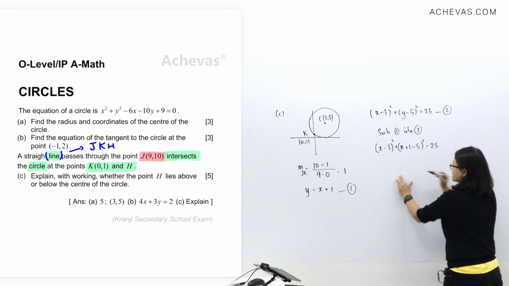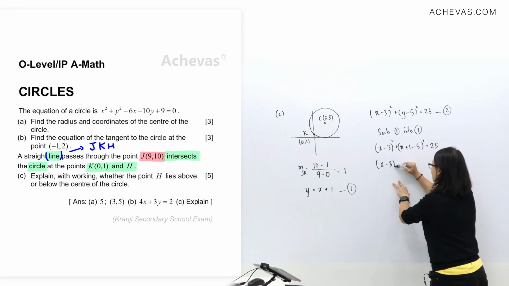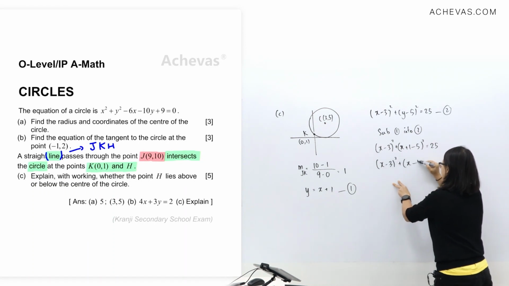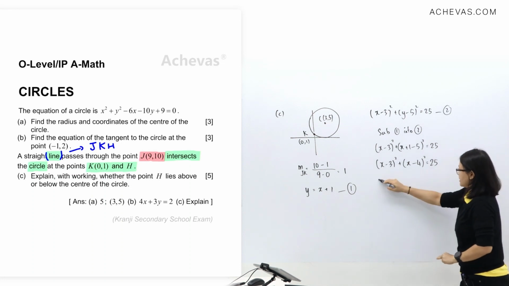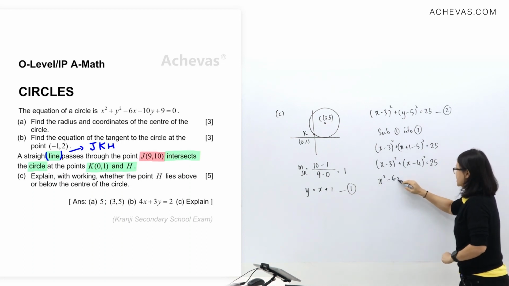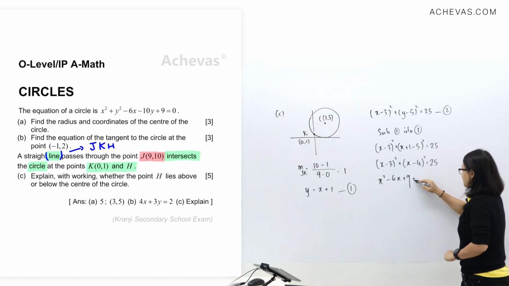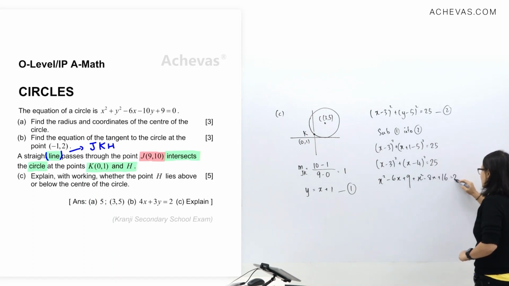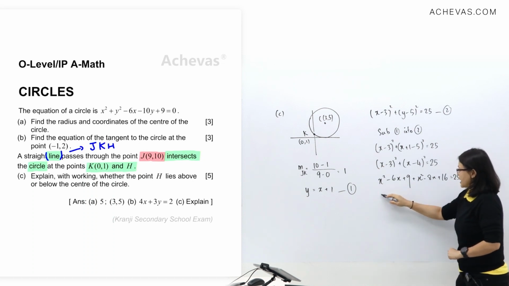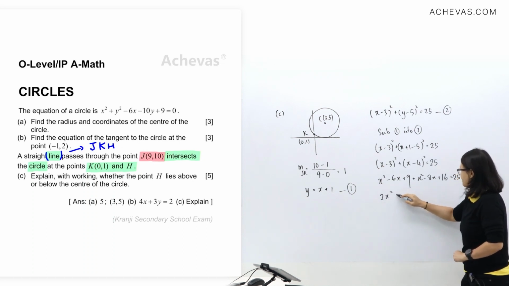Let me just do this one inside first before I expand both brackets. Okay, next step. Let's expand this one. x squared minus 6x plus 9 plus x squared minus 8x plus 16 equals 25. Now let's add the x squared together. We have 2x squared.